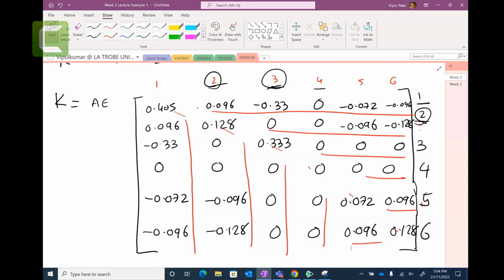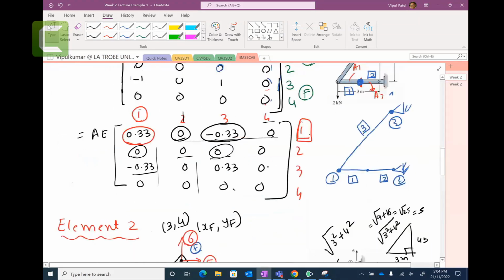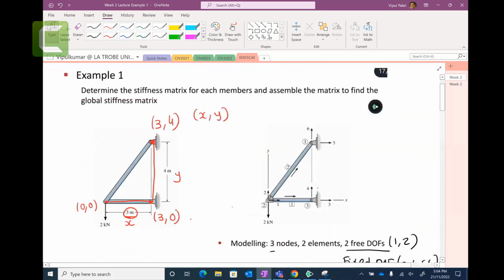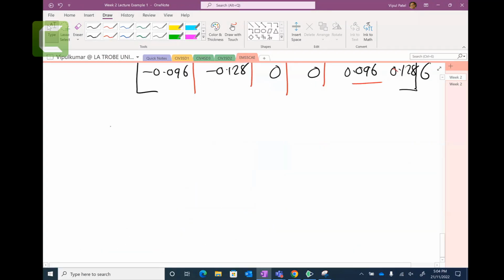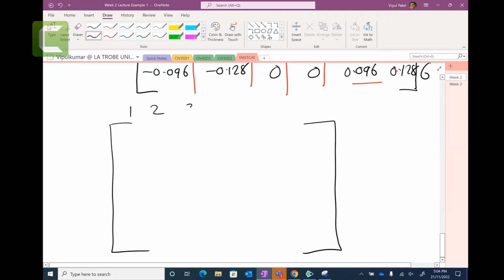1, 2, 3, 4, 5, 6, because there are 6 degrees of freedom. So what I put, there are 1, 2, 3, 4, 5, 6 in total. So how do I arrange? Total 6 degrees of freedom, so I make it 1, 2, 3, 4, 5, and 6.